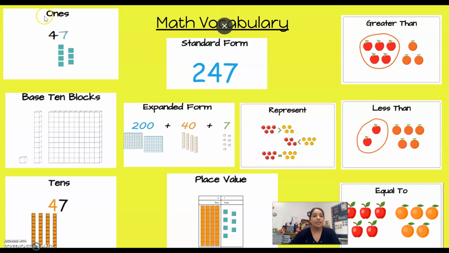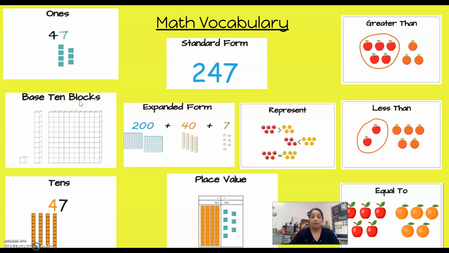We're going to go ahead and start off with this one, which is wands. So wands are the smallest 10 blocks we have. So in the number 47, there are 7 wands right here. The second number is 7, so there's 7 wands.